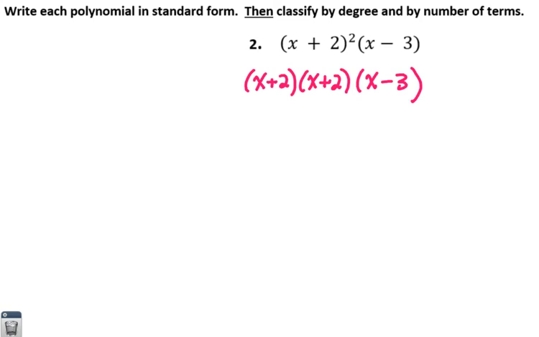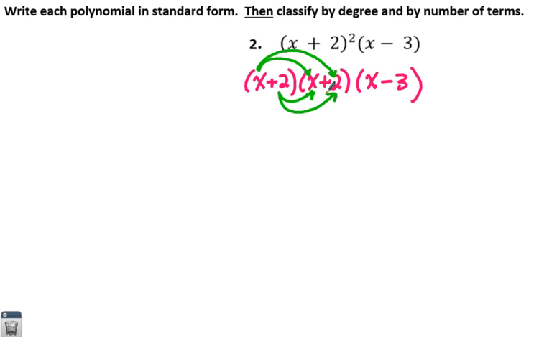When you have x plus 2, that whole bubble squared, that means there's 2 factors, 2 bubbles of x plus 2. And now we got to multiply all these bubbles together. It doesn't matter what order, I suppose, but why don't we just multiply these first 2 together.